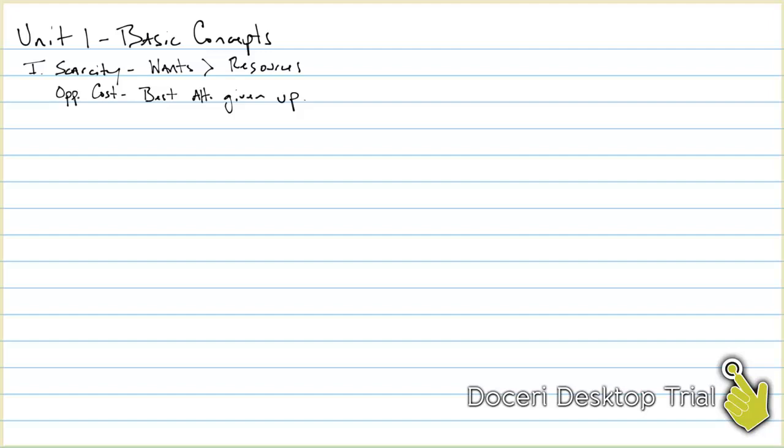All right, moving down. B, the production possibility curve. Production possibility curve, production possibility graph, same thing, okay?